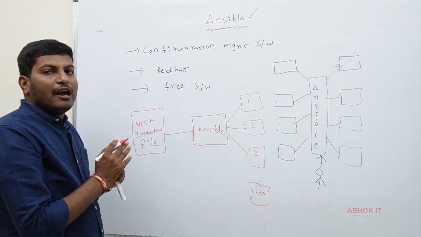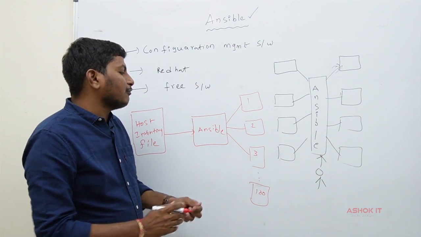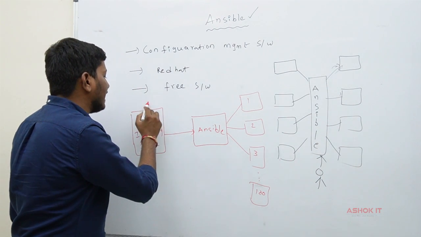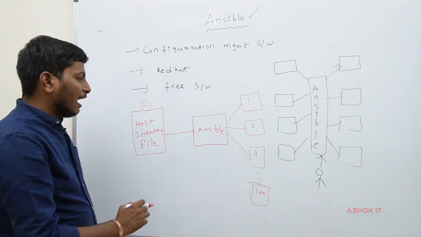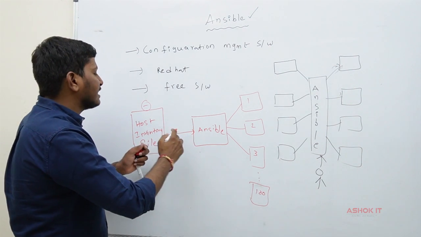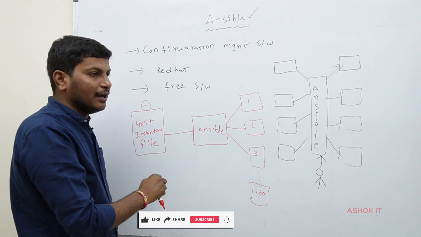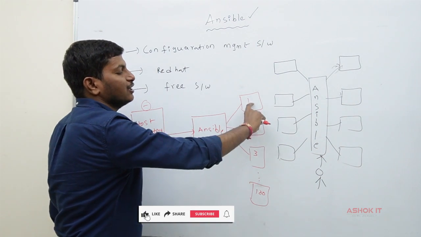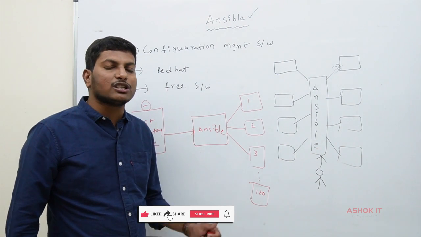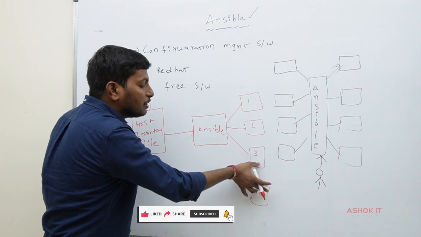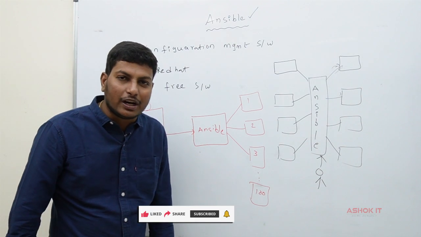For example, I want to install Java software in these first two machines. These two machines, I will group them as one web servers group. I will tell Ansible, install the Java in the web servers group. In the web servers group, these two machines are available. Ansible will send the notification to these two machines only to install the Java. For example, I have three machines. In those three machines, I want to install MySQL database.